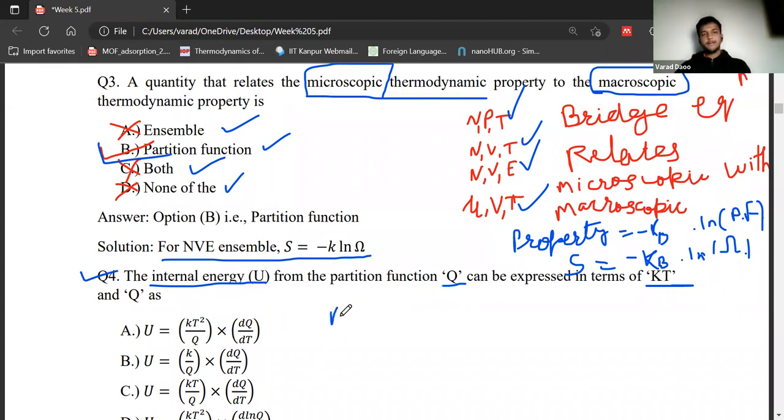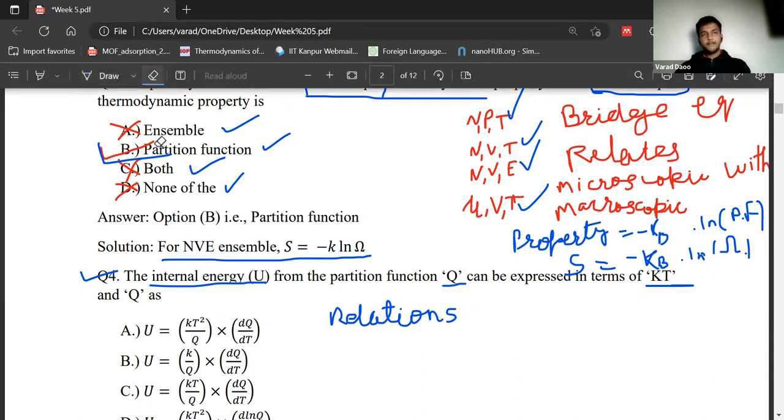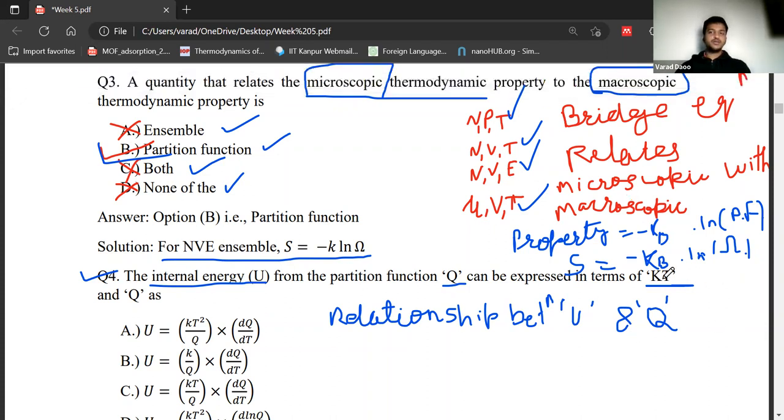Basically, the relationship between U, this internal energy, and the partition function, which is represented as Q. Those of you who know what the partition function is, and the common naming convention of the partition function, can also identify which ensemble we are working on.